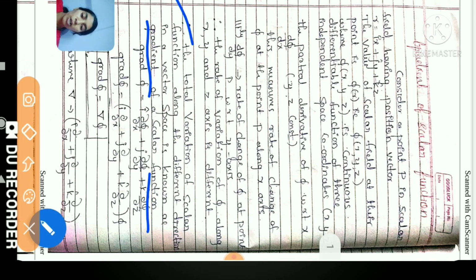The total variation along the x-axis, y-axis and z-axis, considering the directions and the magnitude. That is known as the gradient of a scalar function, which is written as grad phi equal to I dou phi by dou x plus j dou phi by dou y plus k dou phi by dou z.